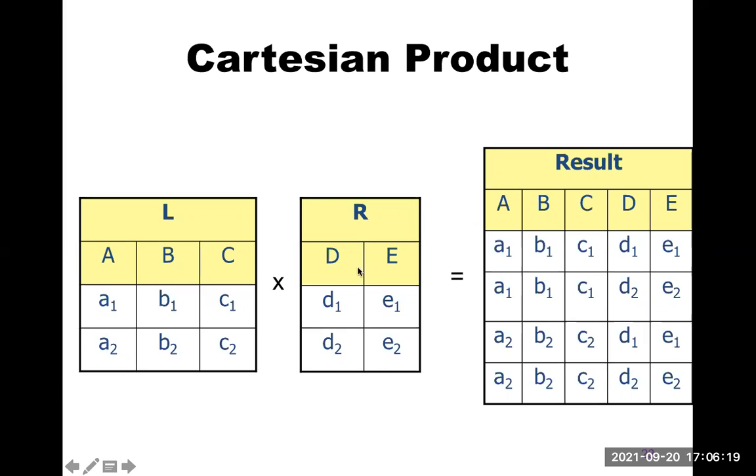Here it is. And vice versa, and so on. Second record from the L table with the first tuple of the R table, and second tuple of the L table with the last tuple of the R table. 2 multiplied by 2 results in 4 different tuples. That's the Cartesian product.